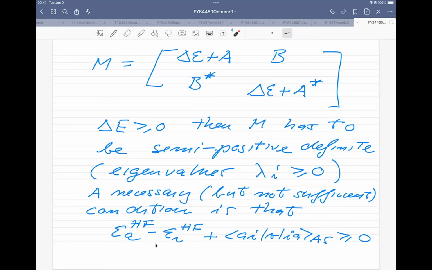Jacobi's iterative scheme, which is extremely powerful, converges to the exact solution if the matrix is positive definite. So this is a very nice way to inspect the problem in case you're in doubt whether your Hartree-Fock solution converges or not.